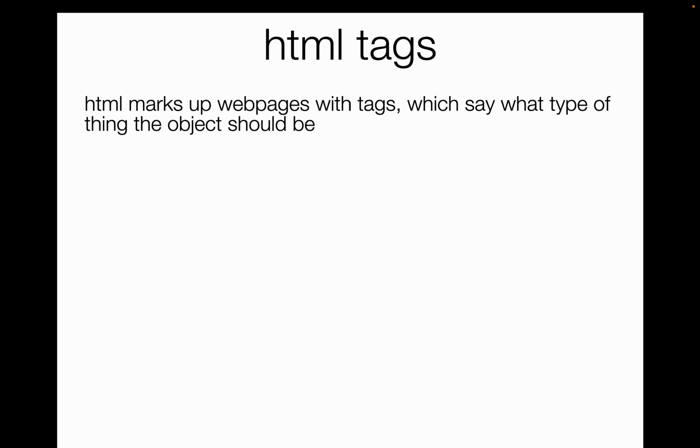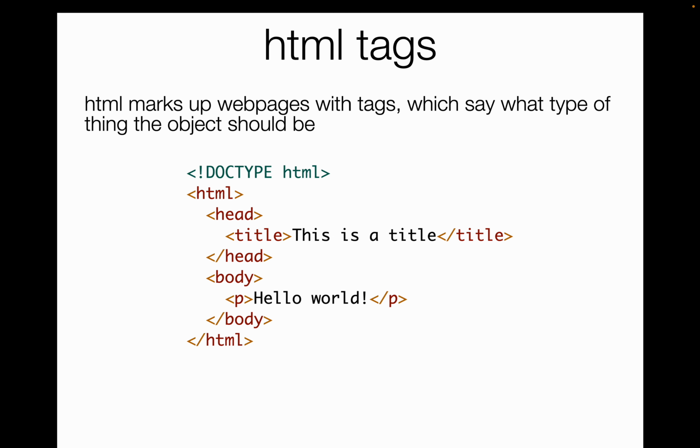HTML marks up web pages with tags, which say what type of thing the object should be. This is a very simple HTML document here. Everything inside of the less than and greater than signs is a tag. In this very simple document, the first big tag is the HTML tag.